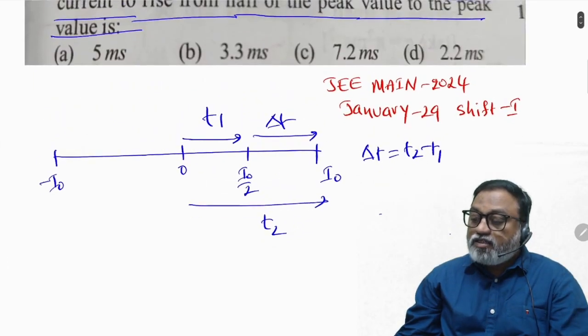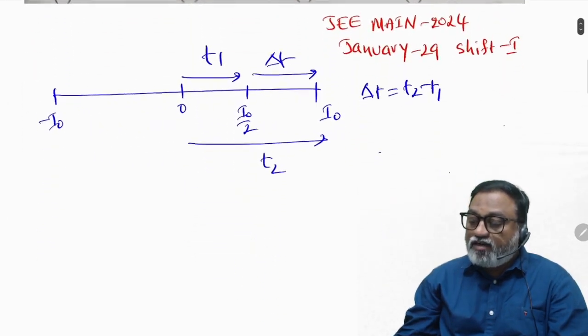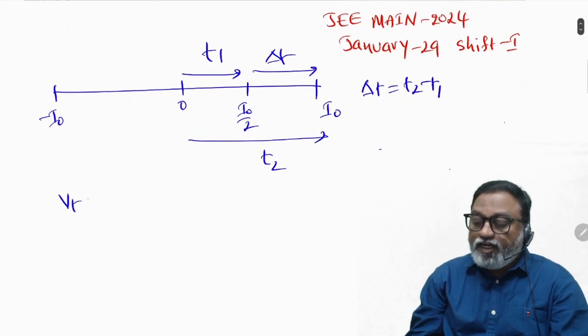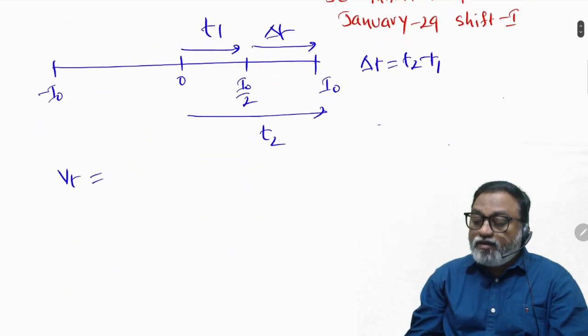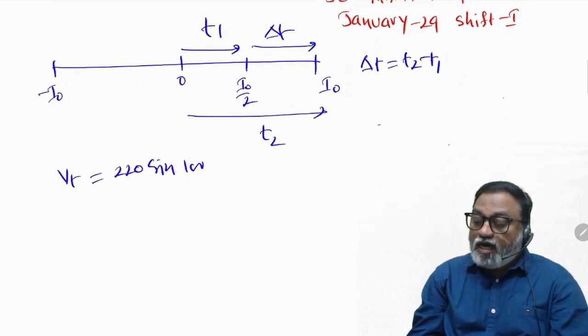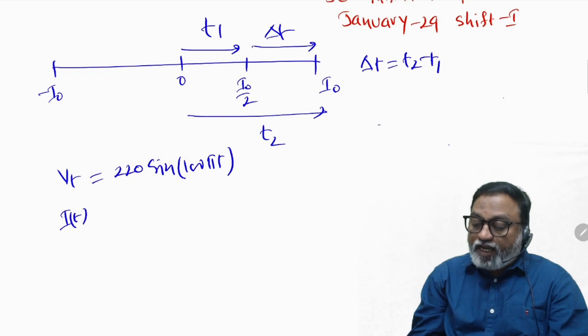Here the function of voltage is given: V(t) is equal to 220 sin 100 pi t. Then the current as a function of time is the potential function of time divided by resistance.